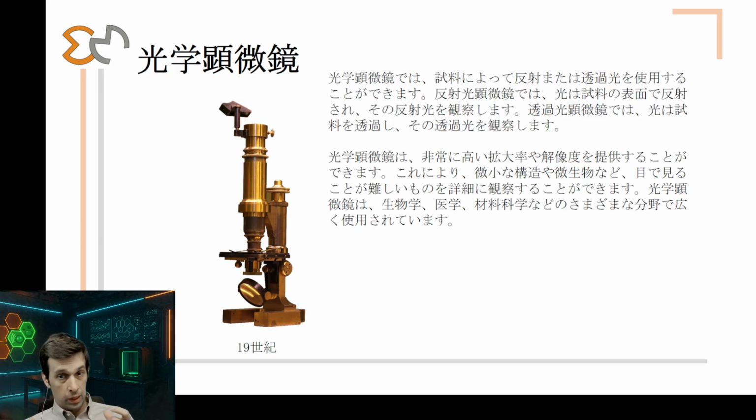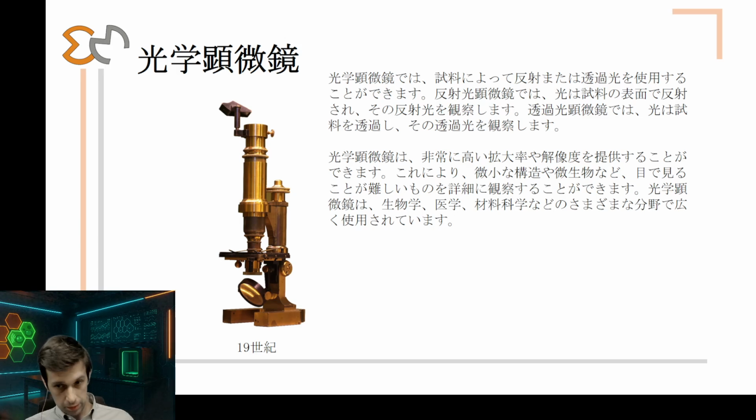For example, if the sample is transparent and thin, like cells, bacteria, living tissue, plants, etc., we can put a small slice of the sample on our microscope, shine the light through the sample, and observe the light that comes out of the opposite side. In a reflection microscope, we shine the light on the surface of the sample, it shines back some light, and we observe the light that comes back.